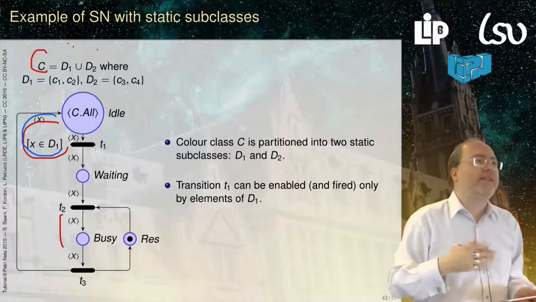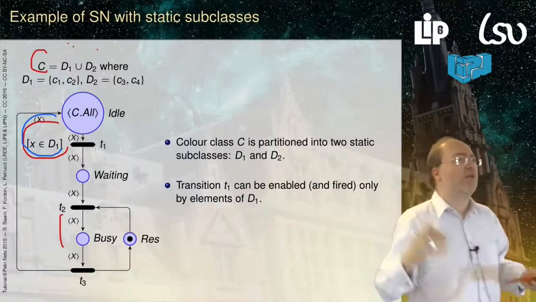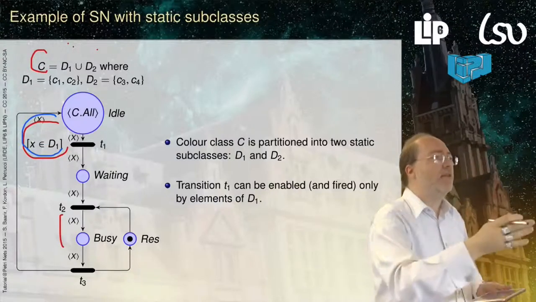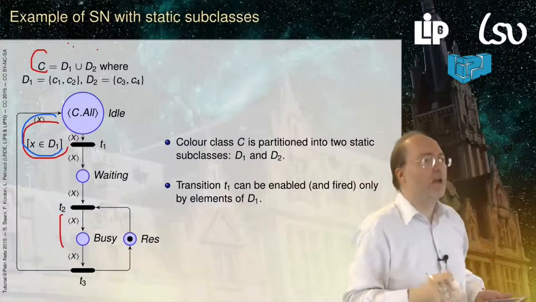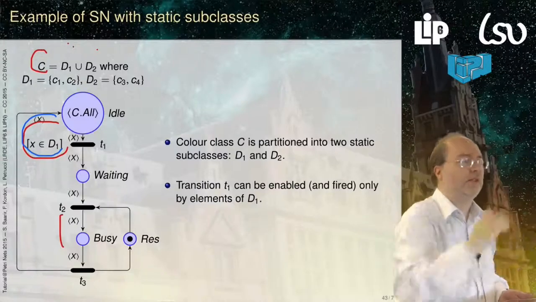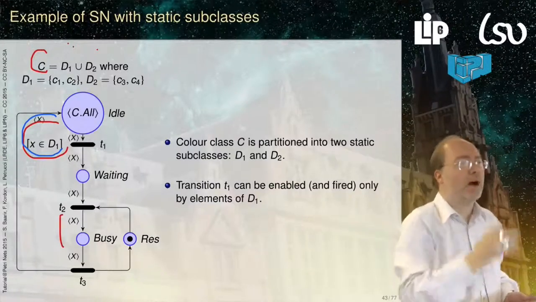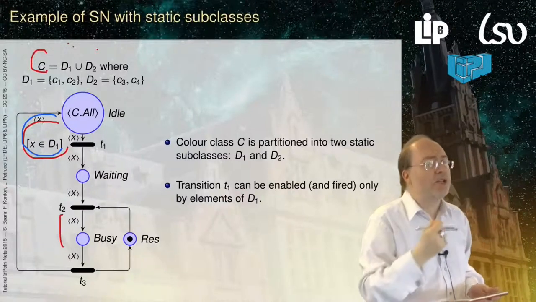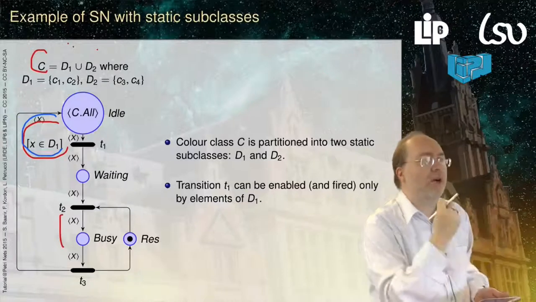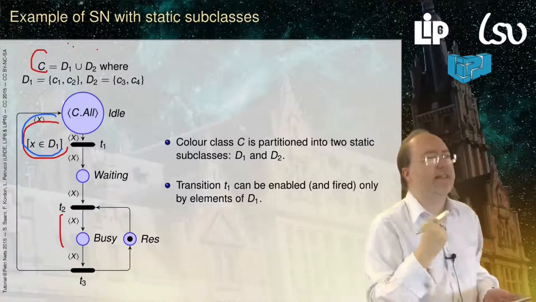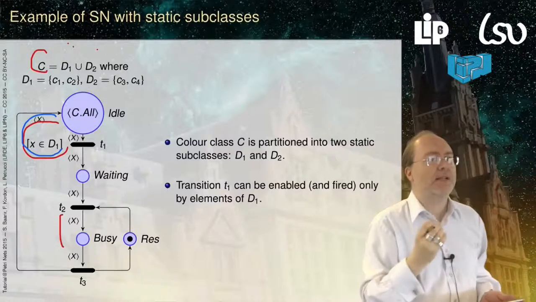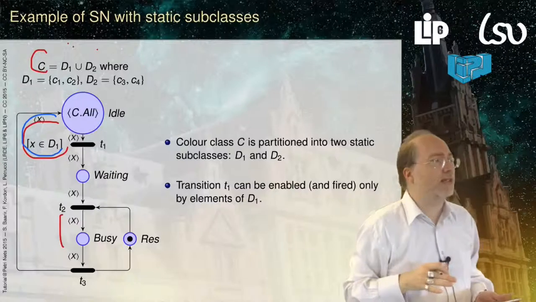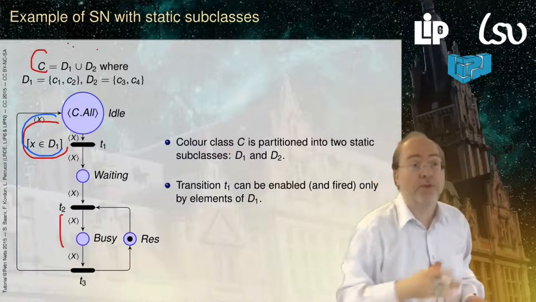It's typically interesting. Let's imagine that you have a program with test functions, and then you will have threshold values. Below the value, you get one behavior because you go in the then part, otherwise you go in the else part, and so on. So you can imagine that you can extract these static subclasses from your specification. These static subclasses are supposed to be valid all over the execution of the model, so of the program.